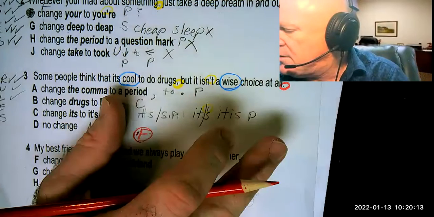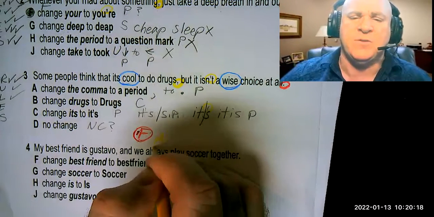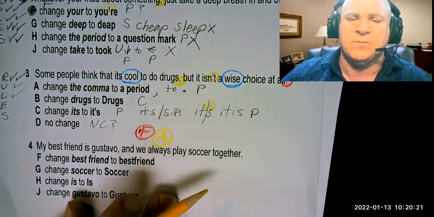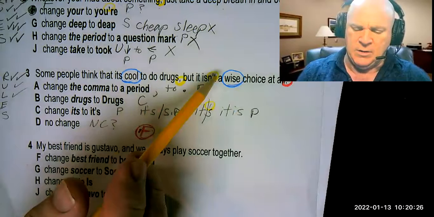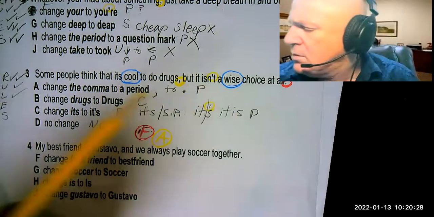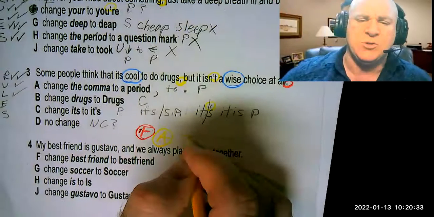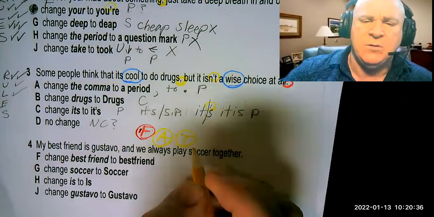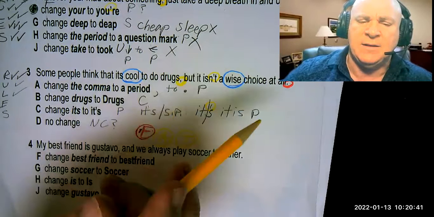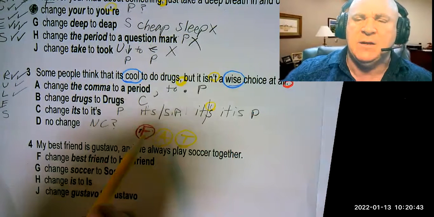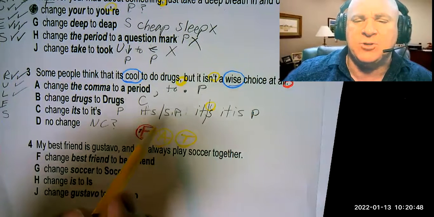You toss one up in the air for apostrophes, contractions, opening, closing quotations, and you bounce it on the table. And again, why are they yellow and red? Because yellow punctuation slows the sentence down and red punctuation stops the sentence. So I kind of call that a silly name. It's my fat guide. So you've got this fat guide named Bill helping you with the fat guide called punctuation.